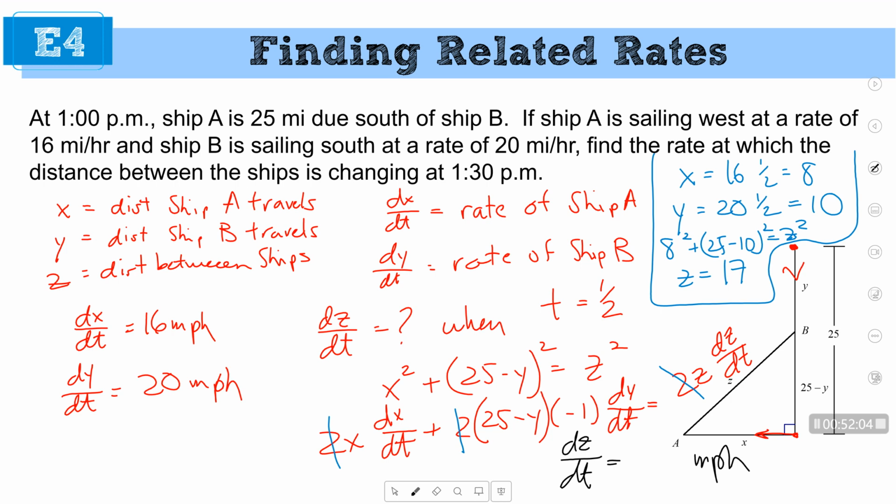This can't be right. Helene, what do you got? Negative 1.118 mph. That seems to be the general consensus.